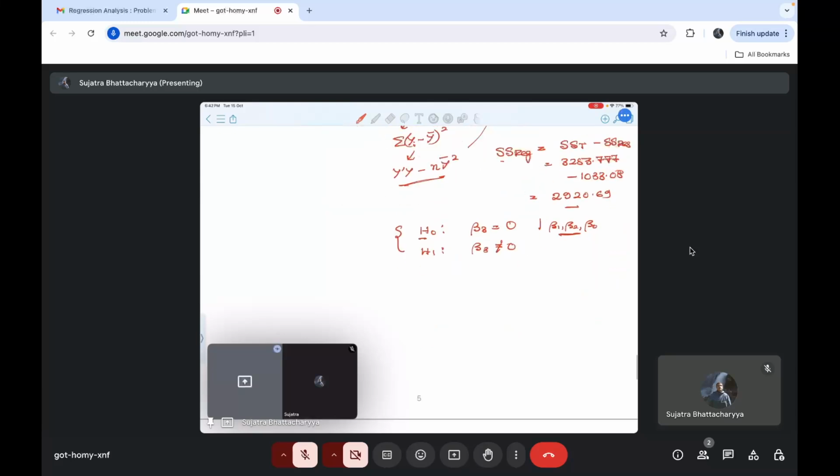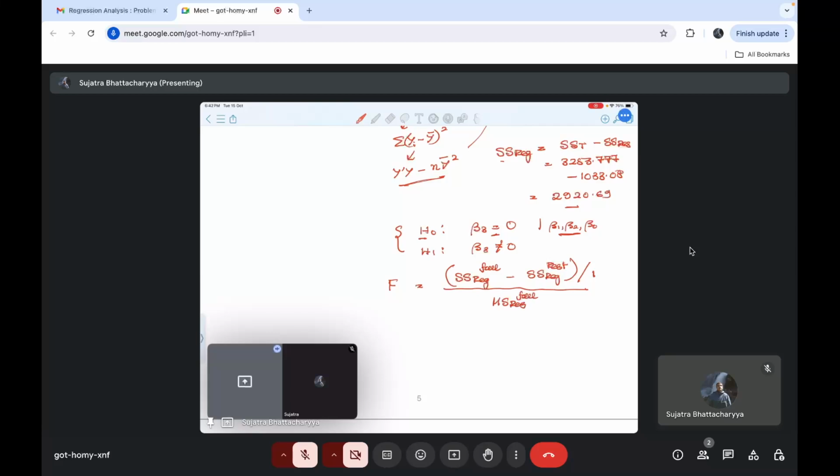For that, we can use the extra sum of squares technique. F is nothing but the SS regression of the full model which we have calculated, minus the SS regression of the restricted model where the cubic term is not there, divided by 1 degree of freedom. You can understand that the full model has 3 degrees of freedom and the restricted one will have 2, because only one parameter is not there. All right, so divided by the MS residual, which is also for the full model.